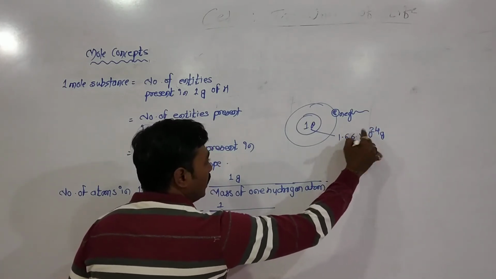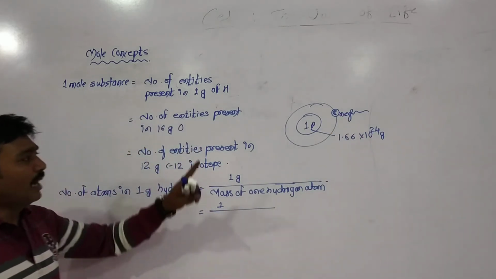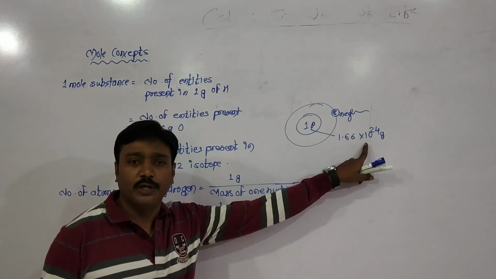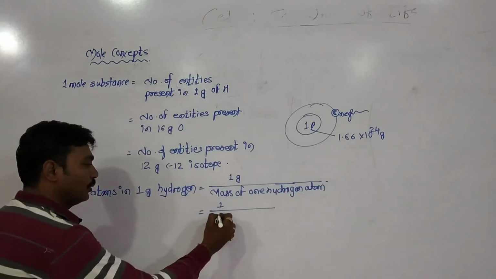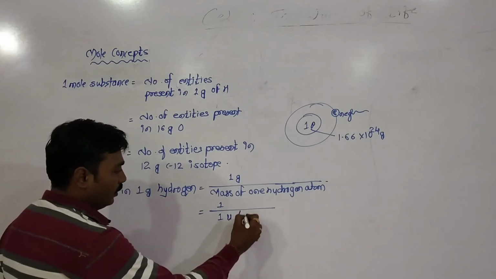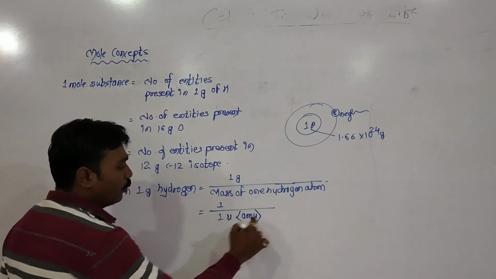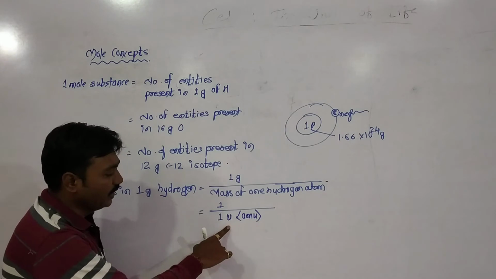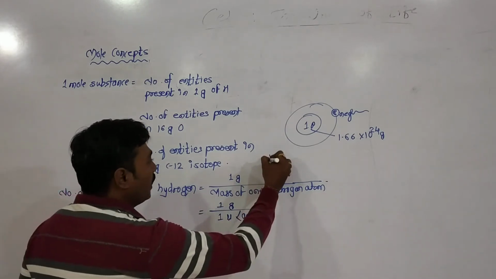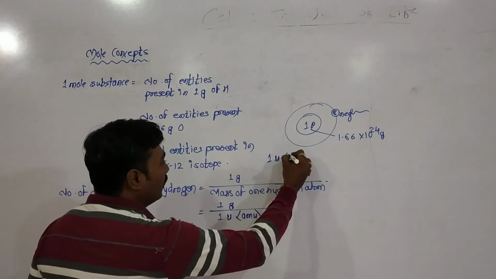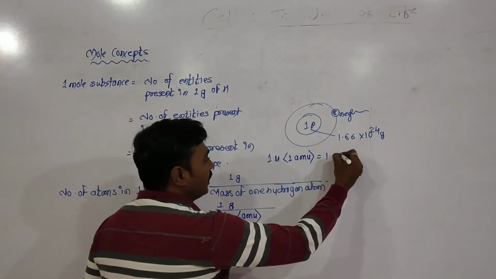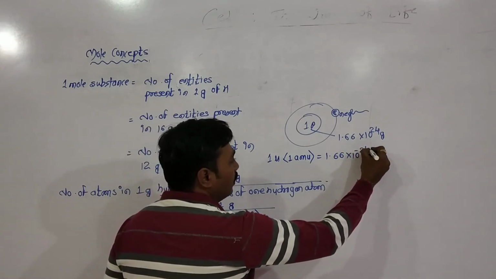So the mass of 1 hydrogen atom is 1.66 into 10 to the power minus 24 gram, or 1 U or 1 AMU. Atomic mass unit, or U means unified mass. Okay, and 1 U or 1 AMU is equal to 1.66 into 10 to the power minus 24 gram.